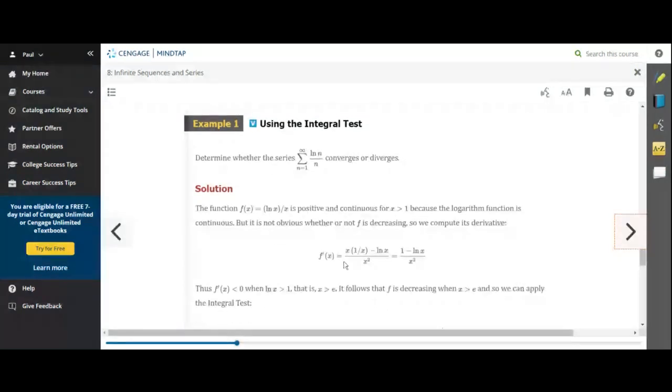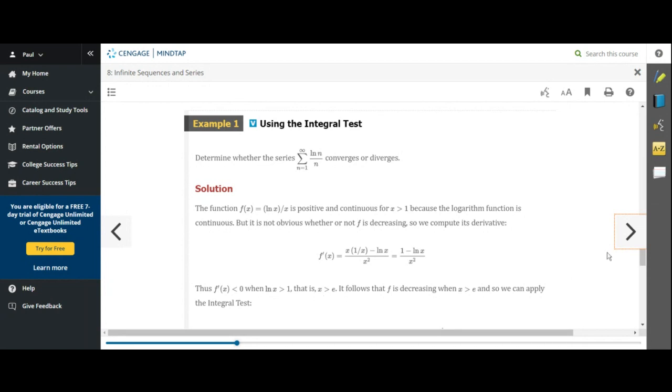So what they do is establish that this is a decreasing series. You could plot log of n over n and look at the terms on your calculator and see that for x greater than e, which is about 2.78, the terms start to decrease.